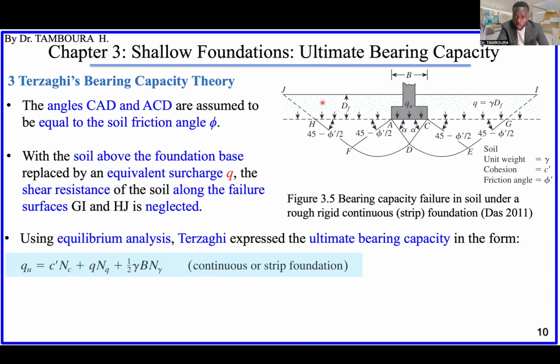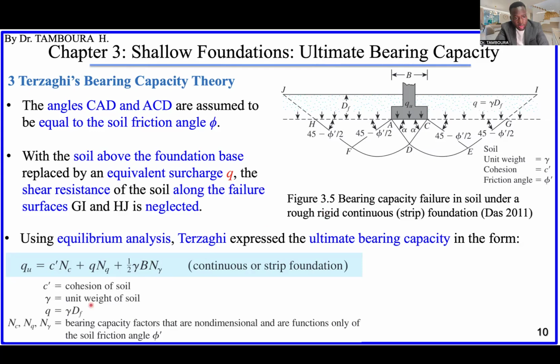If you have, for example, the soil above the base of the footing lighter than this one, with different characteristics, you have to consider that. I think we will discuss this when we start doing applications, some exercises. Okay, already explained. So c' is the cohesion of soil, gamma is the unit weight of soil, q is this one, the surcharge.